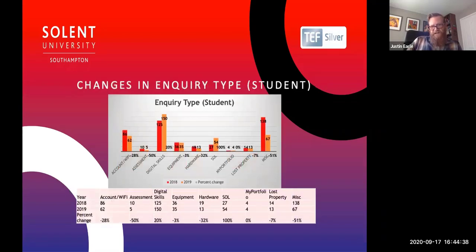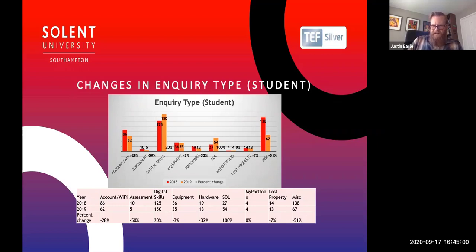We can look at the changes in the inquiry type as well. So for students, we can see that account and Wi-Fi questions dropped by about 30%. Digital skills increased, and a lot of the other figures were quite low. So probably the percentages are not very conclusive.